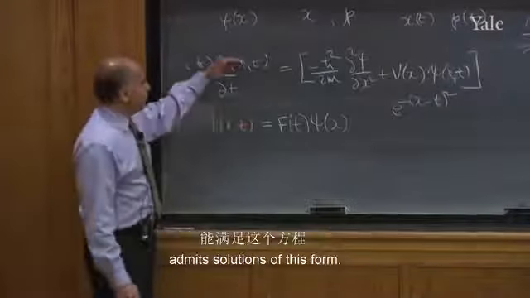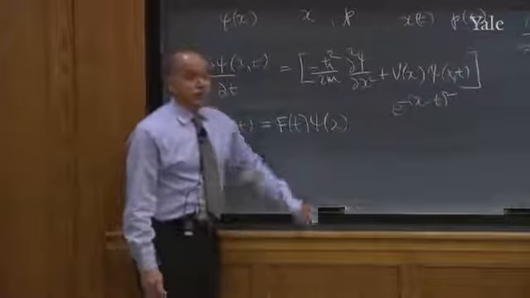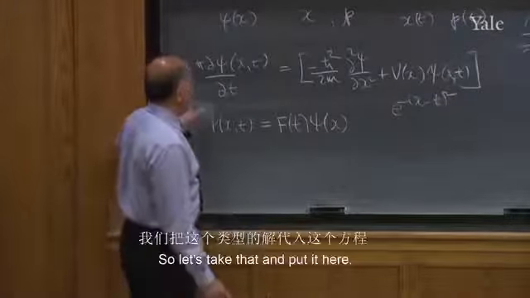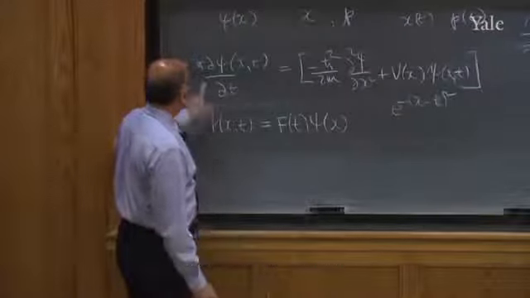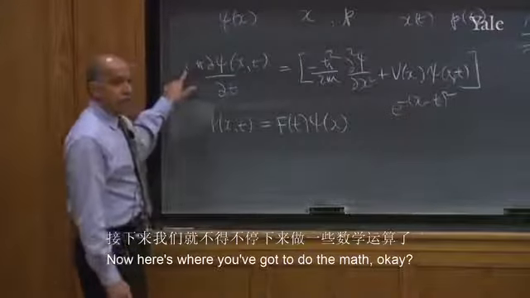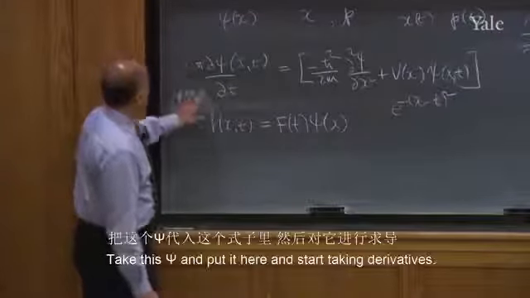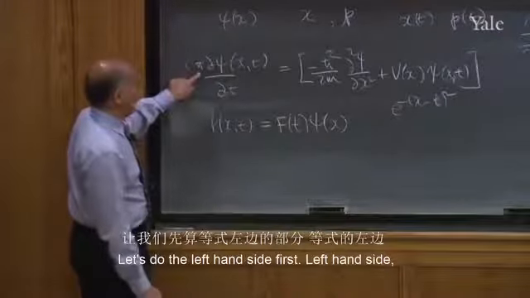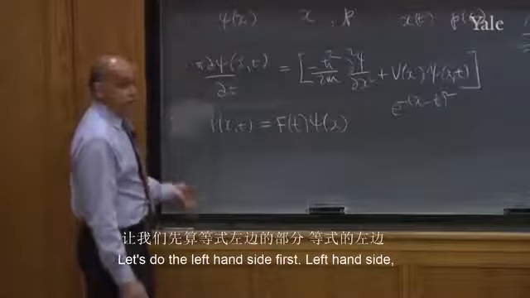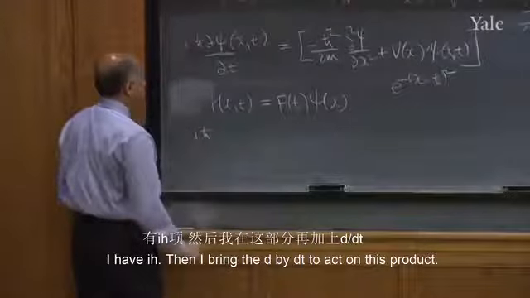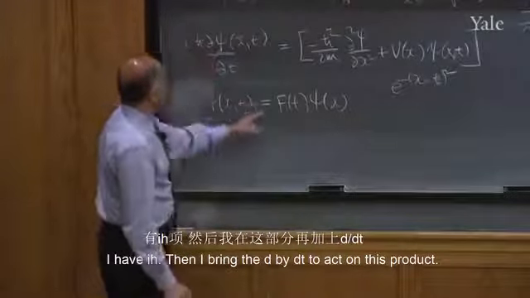I'm trying to see if this equation admits solutions of this form. So let's take that and put it here. Now here's where you've got to do the math. Okay? Take this psi and put it here and start taking derivatives. Let's do the left-hand side first. Left-hand side, I have i h bar. Then I bring the d by dt to act on this product.